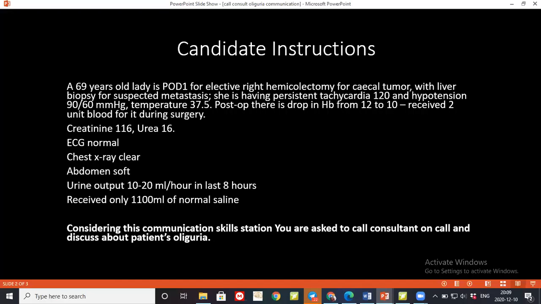So is there a possibility that this patient is suffering from anastomotic leak, as you told me she has been operated for right hemicolectomy and an anastomosis has been made? Yes, it could be, but right now the abdomen is lax, and I will do serial abdominal examination and also arrange for abdominal ultrasonogram. Then we'll let you know if there is intraperitoneal collection present.